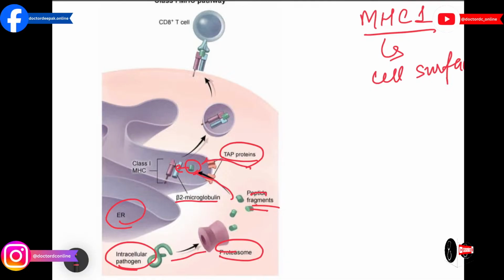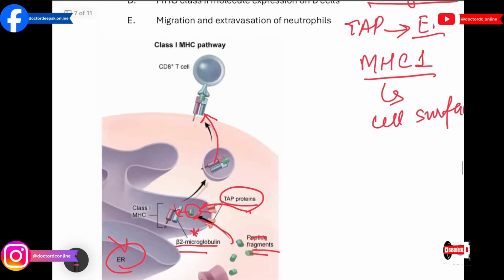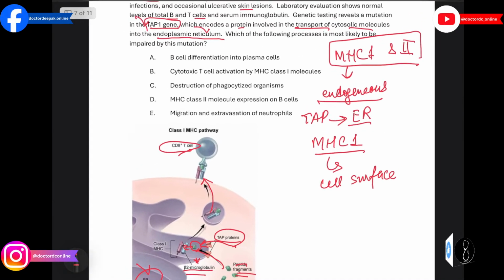Peptide fragments are transported by TAP proteins in the endoplasmic reticulum, and that will join with beta-2 microglobulin, and they will become a vesicle, and they will go to the surface and present as the MHC class 1 to CD8 T cells. This is the mechanism.